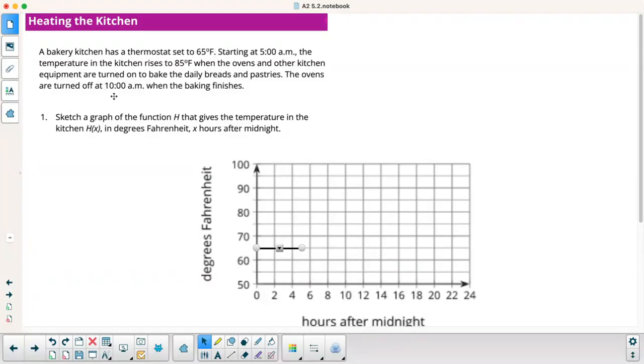And then they turn it off at 10 a.m. So basically, it's going to take a little bit of time to go up. Probably going to shoot up like this. I don't really know, but it needs to get to 85. And then it's going to stay flat up here at 85, probably.